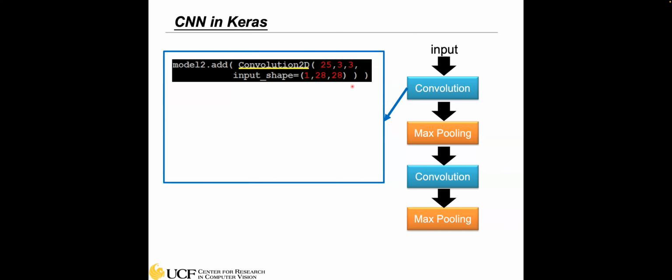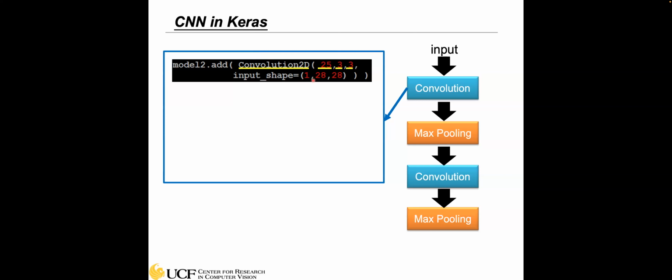First we'll do the 2D convolution. You use this Conv2D, and you can specify the kernel size, 3 by 3, and how many kernels or filters you want to use. Here we want to use 25 kernels or filters, of 3 by 3 size. We also specify the input shape. The input is 28 by 28 by 1.